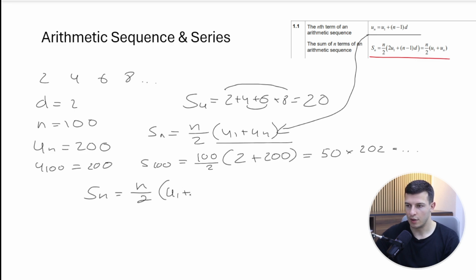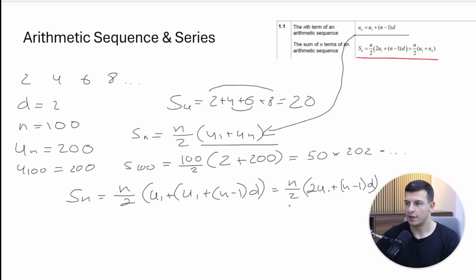We get u1 plus, I'm going to put it in brackets so we know what we did, u1 plus (n minus 1) times d. I'm going to try to simplify it a bit further. So this is going to be 2u1 plus (n minus 1) times d. As you see, we just got the second Sn formula, n over 2 times (2u1 plus (n minus 1)d).